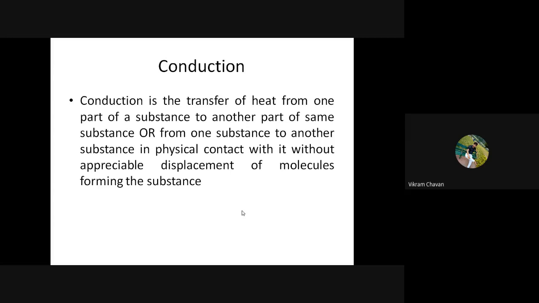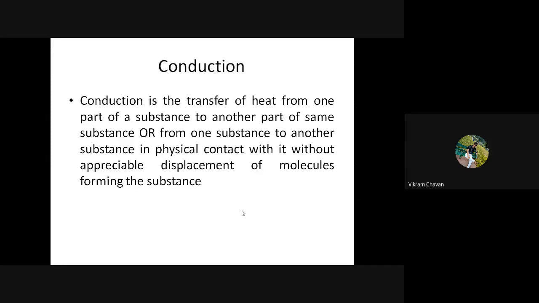Then we discussed conduction, one of the heat transfer phenomena. Heat transfer is the transmission of energy from one region to another because of a temperature gradient or temperature difference.